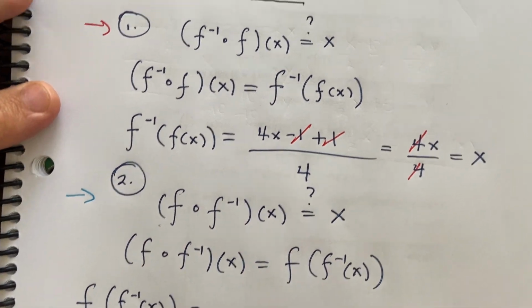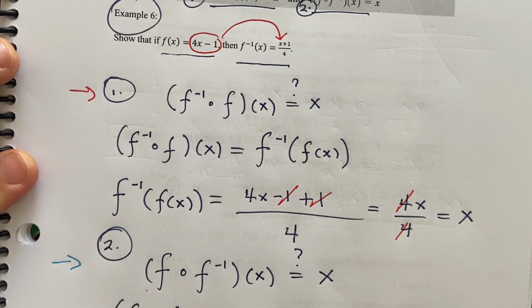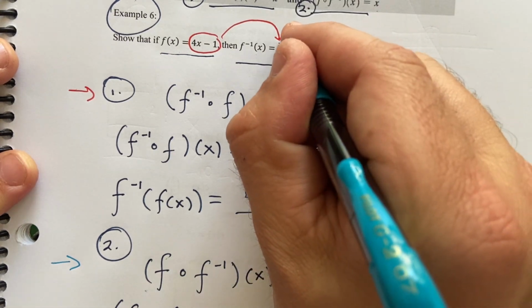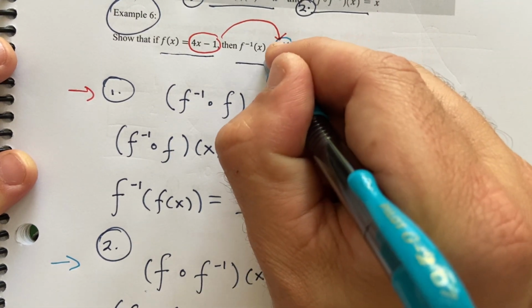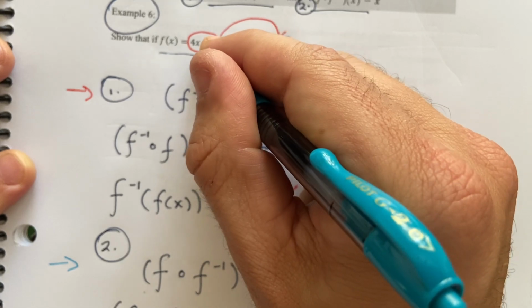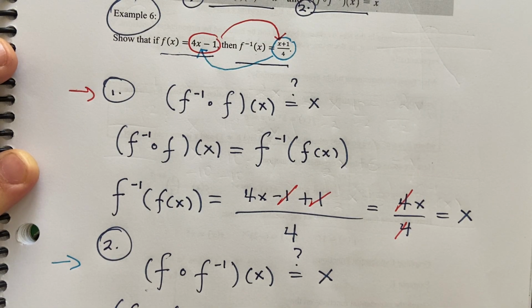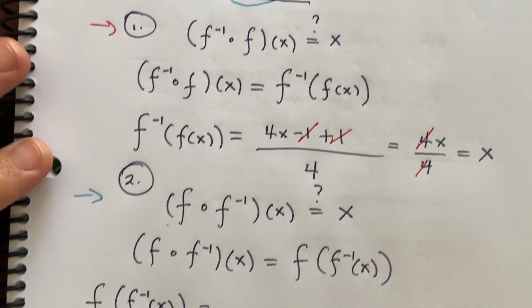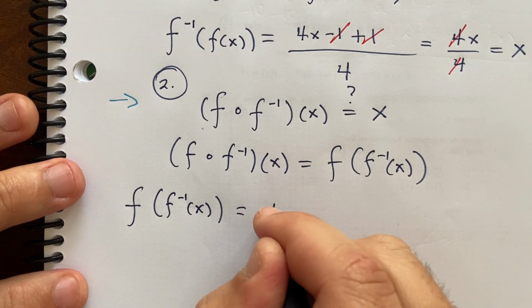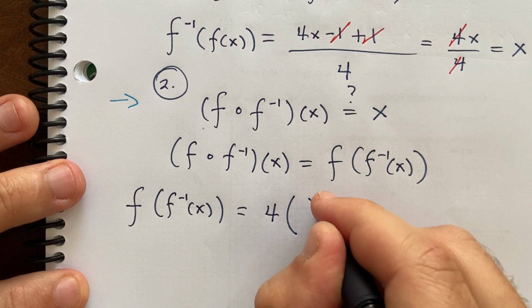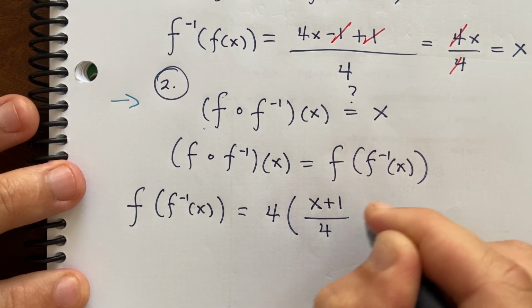so for this one, I'm taking this and plugging it into x that direction. So I'll have 4 not multiplied by x, but times x plus 1 over 4.